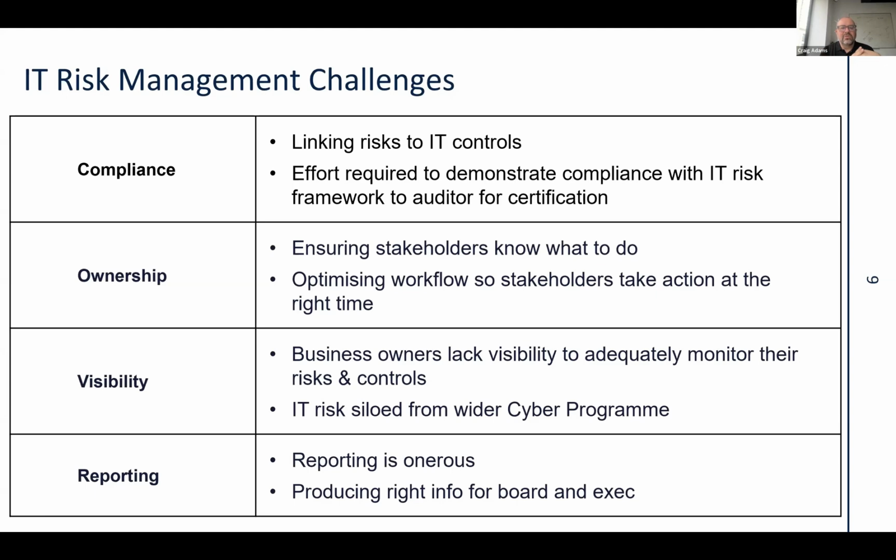So how do you tell stakeholders what they need to do to make sure that their risks are actively managed, and then take them through a workflow that makes sense to them, so they take action at the right time, whether that's performing a risk assessment, updating an underperforming control, or ultimately being able to tell their own stakeholders, whether that's the board or the head of department, that their risk profile is in line with their appetite.